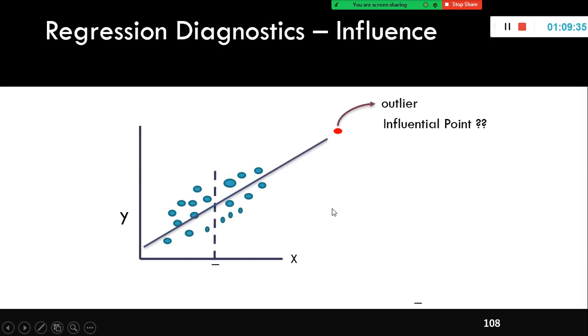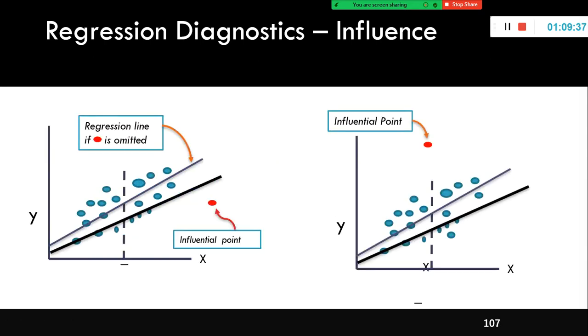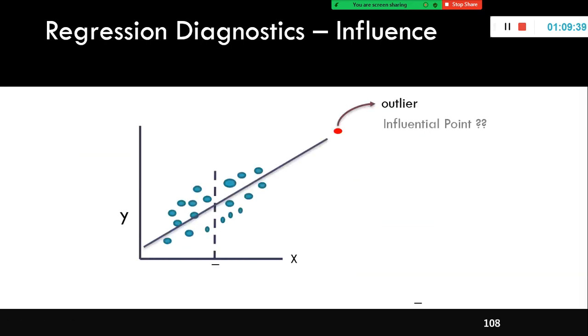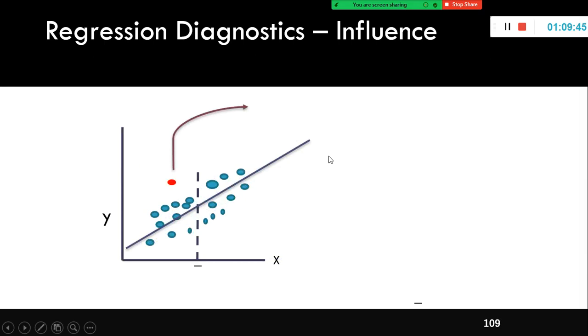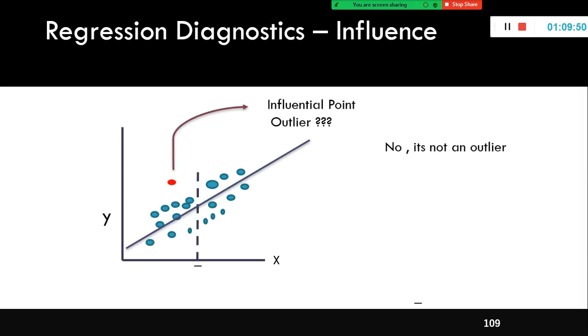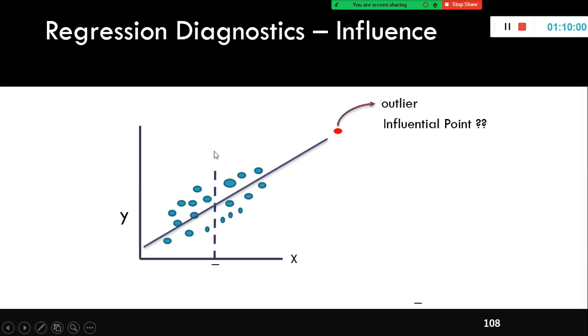So what we conclude here is, you can have an outlier that is not necessarily an influential point. And you can have no outlier, but still have an influential point here.